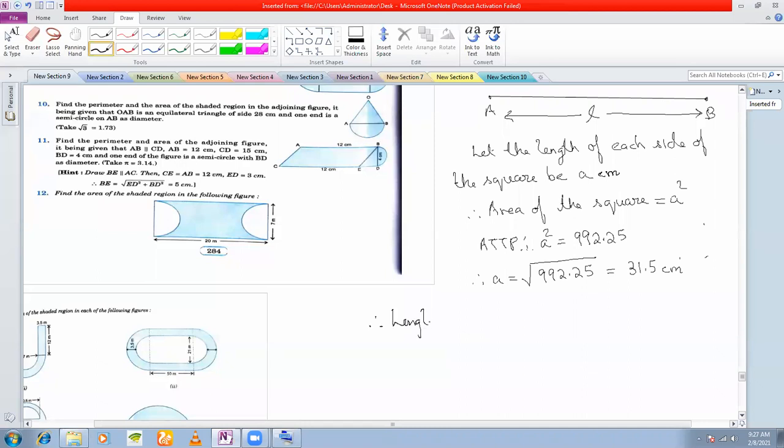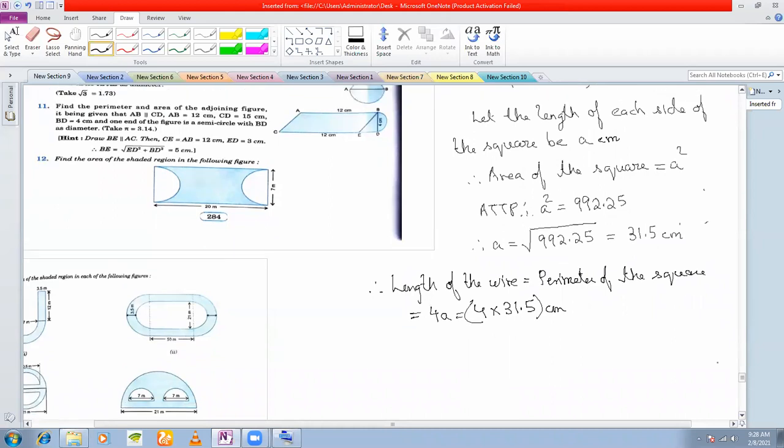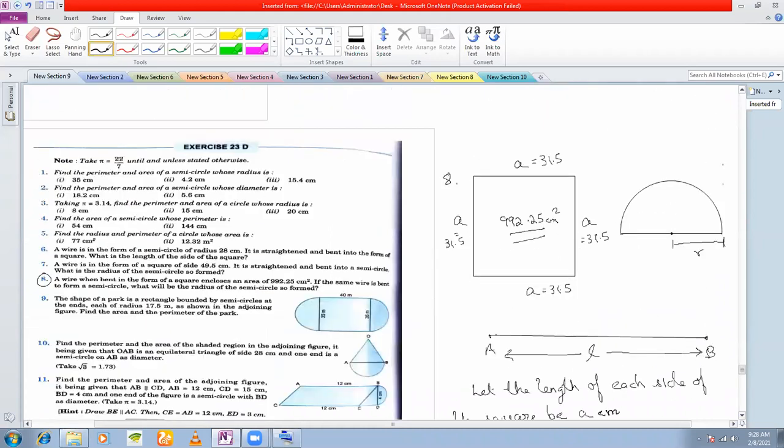Therefore, length of the wire is equal to perimeter of the square is equal to 4a, is equal to 4 into 31.5 centimeter. Let us not multiply, we'll see if we can make use of this 4 into 31.5. If not later, then we'll multiply.